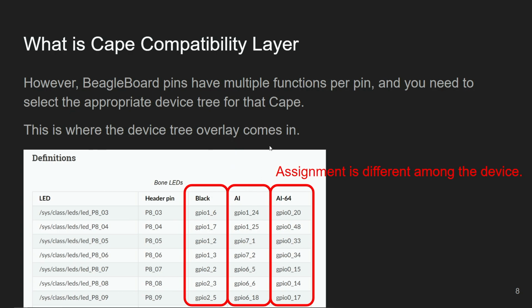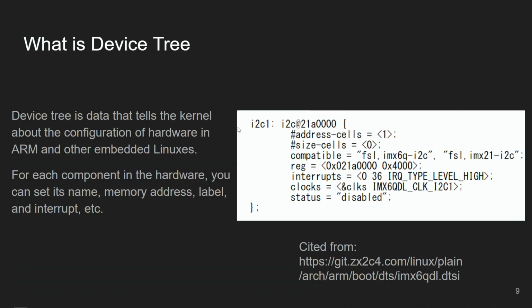So to reduce the cost of making redundant code, we can use Cape Compatibility Layer. To implement Cape Compatibility Layer, we use device tree overlay. So next, I will talk about device tree overlay.